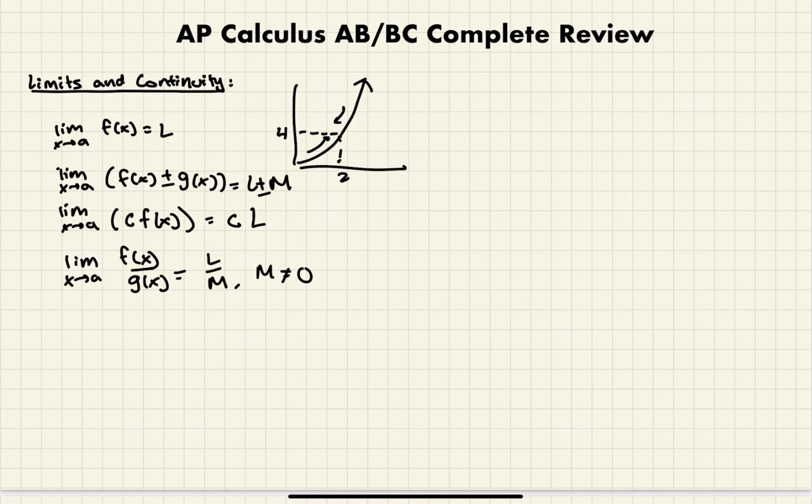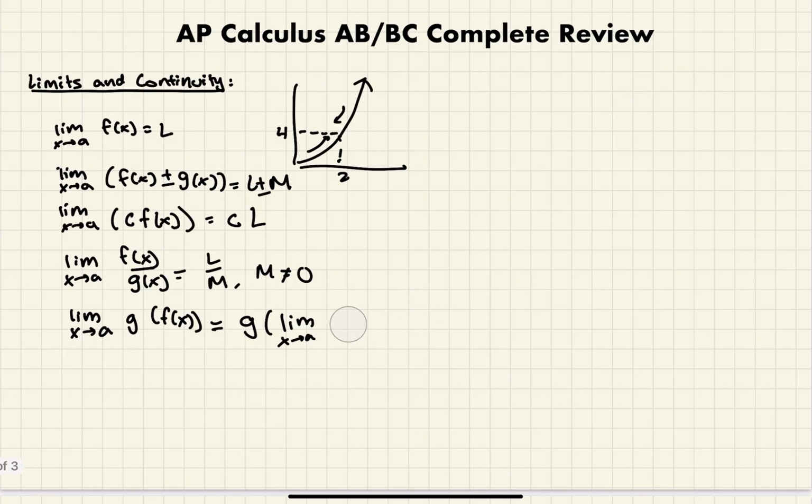So you have to make sure that m is not equal to 0. If m is not 0, then you can divide them fine. And then when you take the composition of two functions, so if it's g of f of x, the limit is just equal to g of the limit as x approaches a of f of x. So that looks a bit weird, but that would just become g of L.